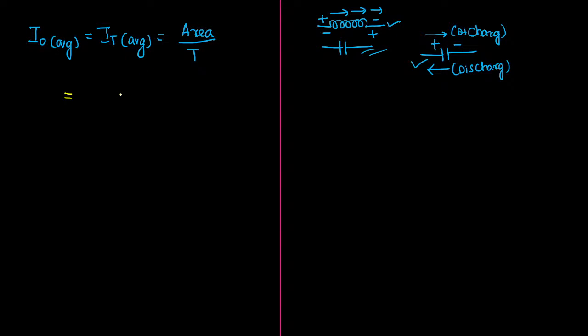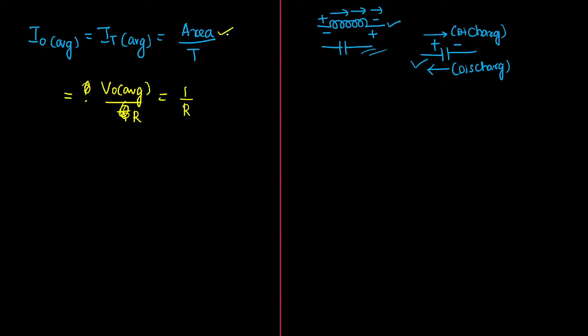So what you can do is simply this. Sir, I may not be able to calculate the average value of the thyristor current directly. Yes, no issues. You can go with Vm sin omega t divided by R. The average value of the thyristor current can be written as average voltage divided by R. One minute guys, this is not t, this is R. According to Ohm's law, I naught average equals V naught average divided by R. So what is the formula to calculate V naught average now?